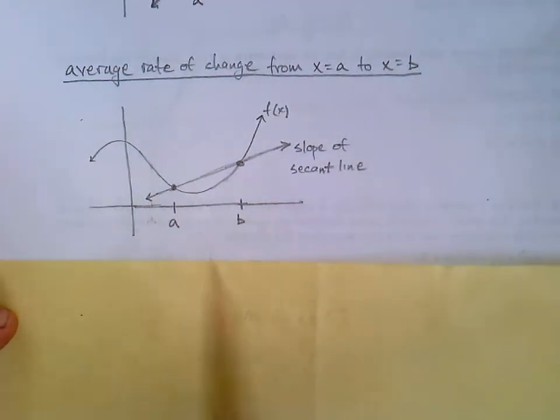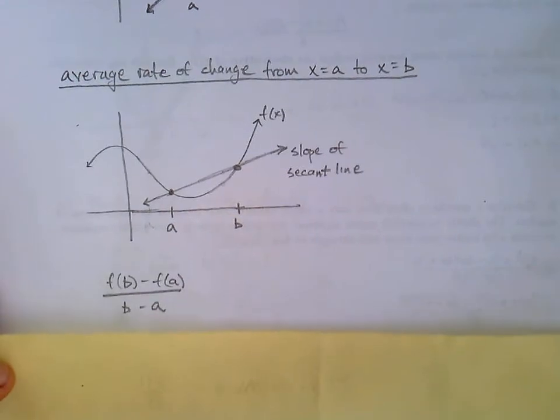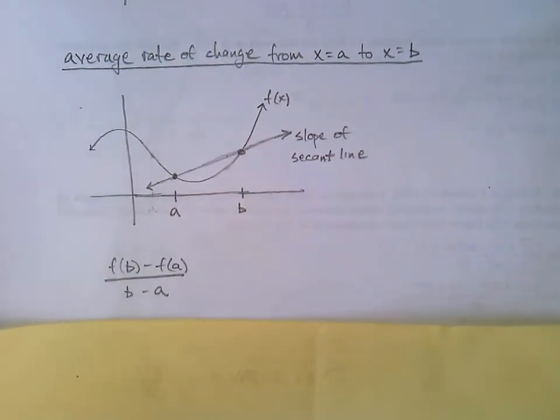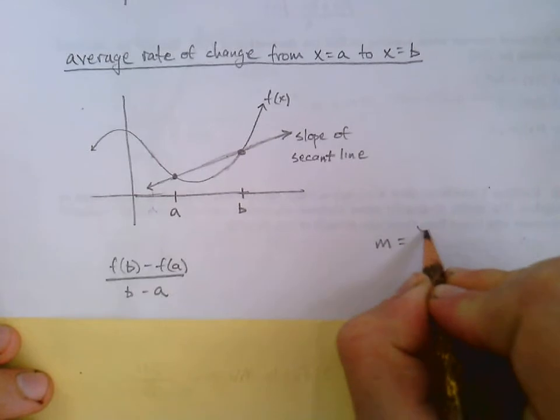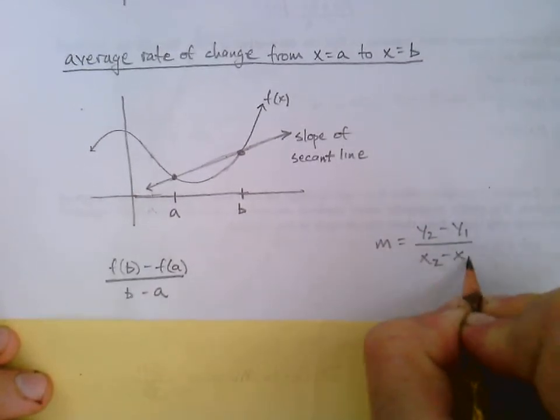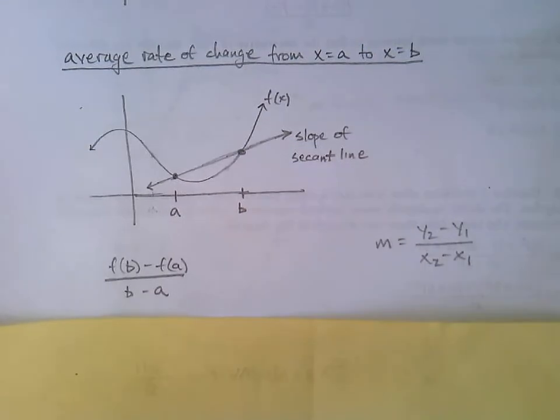Let's take a look at this. How would you find the slope of that secant line? Well, hey, we know the formula for slope, right? m equals y2 minus y1 over x2 minus x1. So going way back in beginning algebra, we learned the formula for slope.